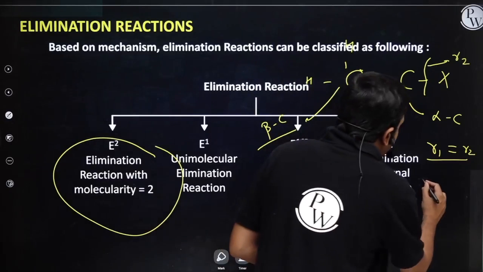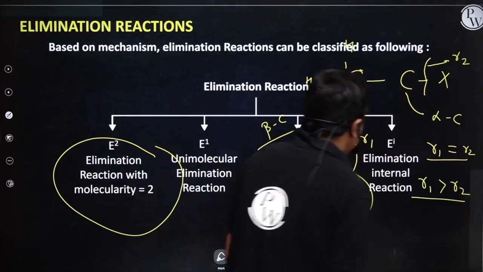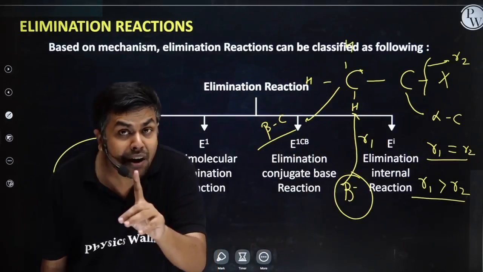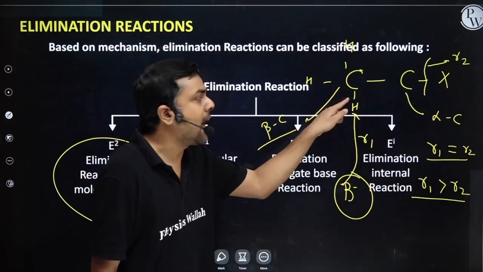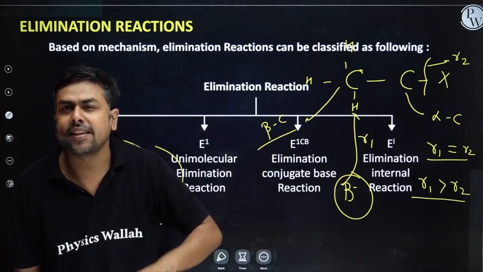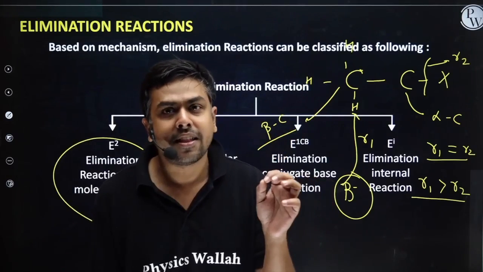Let's suppose R1 is greater than R2, means the rate of attack of base on acidic hydrogen is faster as compared to the departure of leaving group. Means base is first approaching this beta hydrogen and snatching it. Can I say in that particular case, first I will have the formation of carbanion.